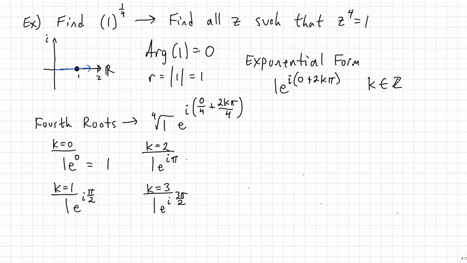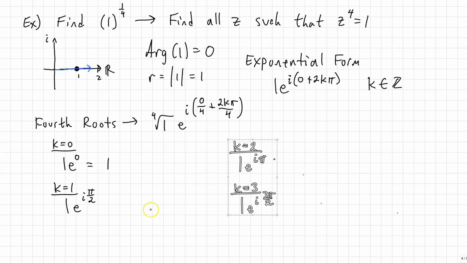But we started with rectangular form, so let's go ahead and finish with rectangular form. If we write all these in rectangular form, well, this one's already in rectangular form, positive 1. This would be cosine pi over 2 plus i sine pi over 2.